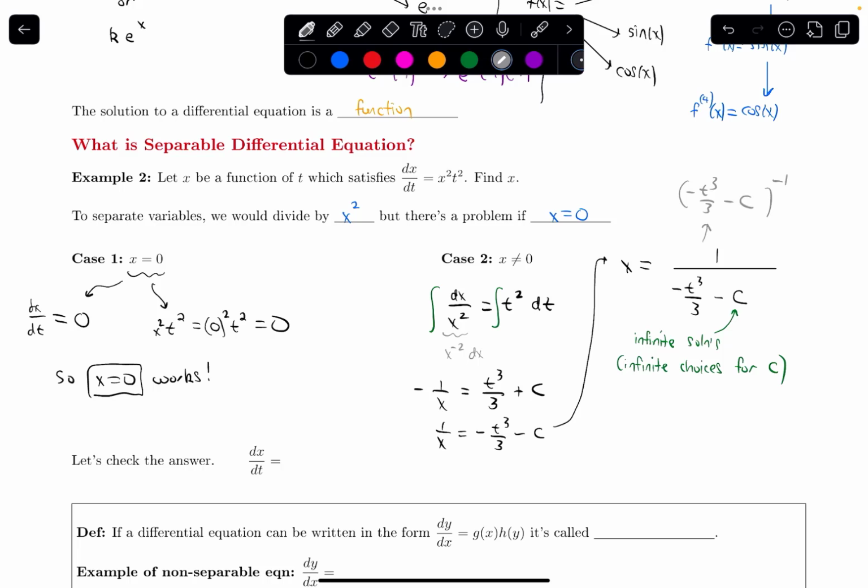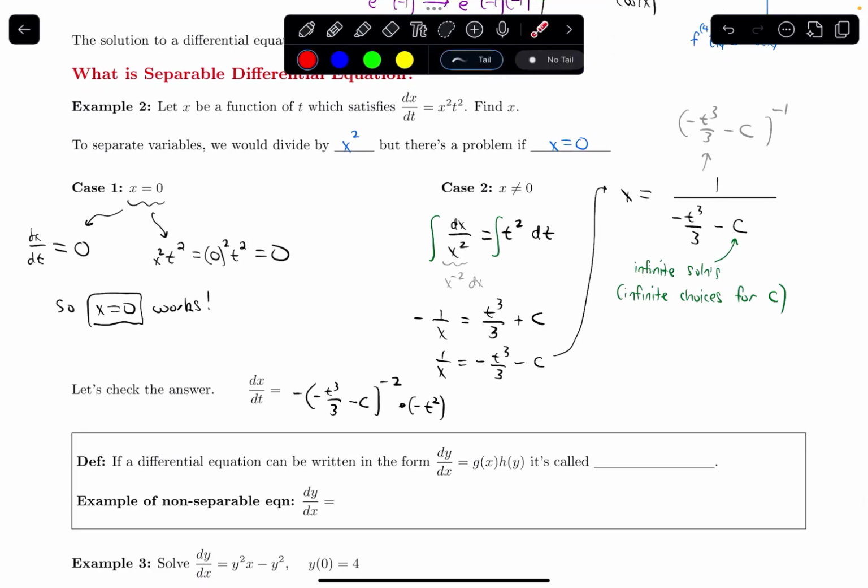Now when I do the derivative, I've got to do the chain rule. So I deal with the outer part, the power, first. That'll come down, and I'll get that negative in front, big parentheses. Now the power is negative 2, and I keep the inside stuff as it is, negative t cubed over 3 minus c, times the chain rule step. The derivative of the inside is just negative t squared.